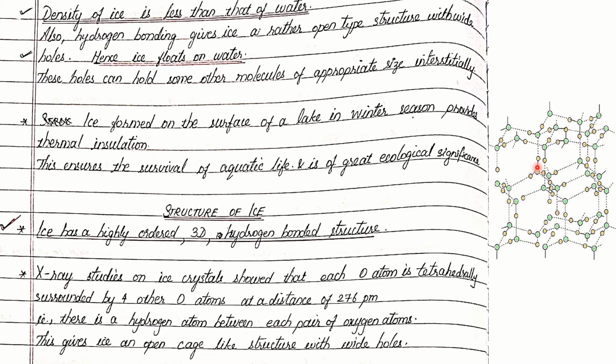That is, there is a hydrogen atom between each pair of oxygen atoms. So, this gives ice an open cage-like structure with wide holes. Due to the presence of wide holes in the open cage-like structure of ice, ice floats on water. Its density becomes less than that of water.